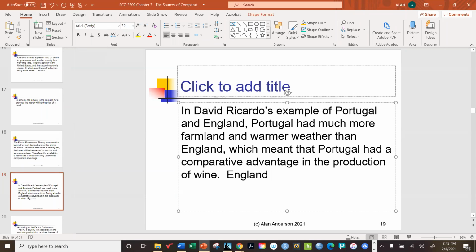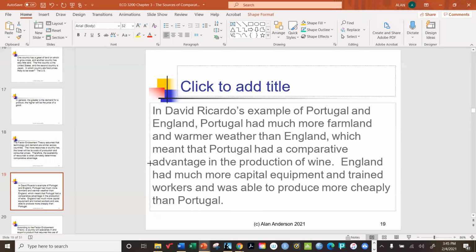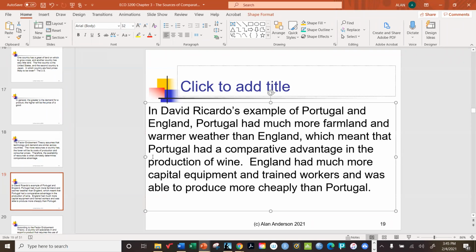England had much more capital equipment and trained workers, and was able to produce cloth more cheaply than Portugal. So Ricardo didn't specifically address this question, but Heckscher and Ohlin would have said this is the reason why trade can take place between these countries. Ultimately, it comes down to the availability of farmland in Portugal and machinery and equipment in England, which is why this is happening.